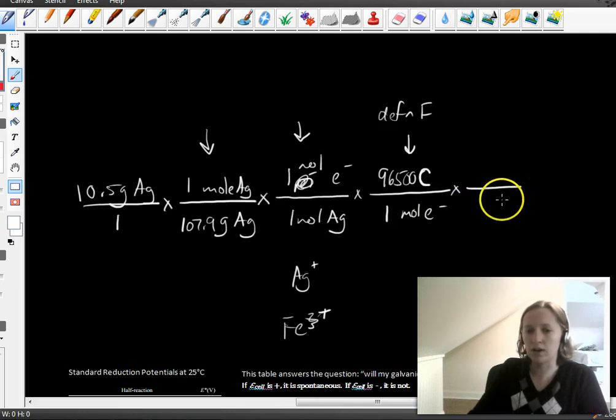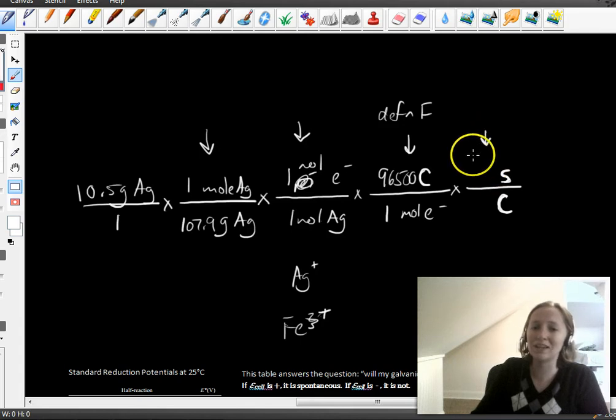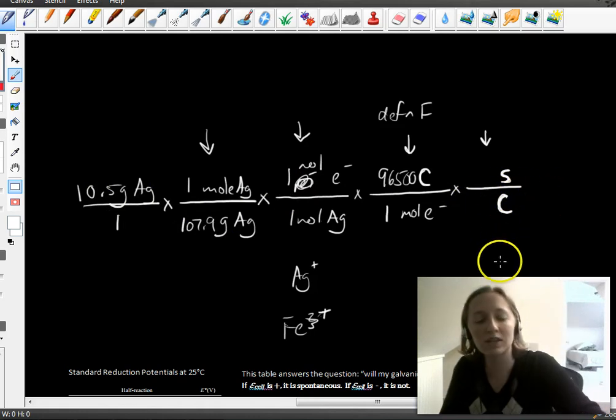All right, and then one thing that I know about coulombs is that coulombs per second is amps. This is sort of funky. You don't run into this a lot because you're putting information from the question into the middle of this problem as well as at the beginning. But it happens. I know how many coulombs per second I was doing.